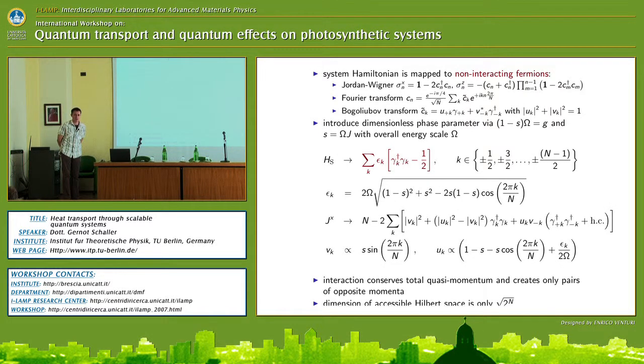You can do the same for the interaction, and it becomes a bit of a mess, but it's actually not so bad, because if you look at the interaction part of the Hamiltonian now, this is just a dephasing part, right? So it's not so problematic in this energy eigenbasis. But this part here, you see, it always creates pairs of quasi-particles of opposite momenta. So that gives you some opportunity to reduce the accessible Hilbert space.